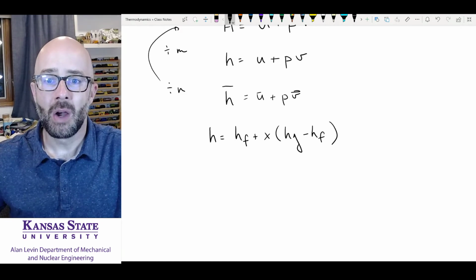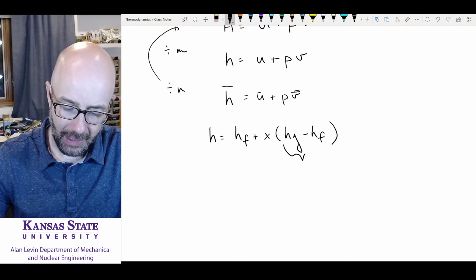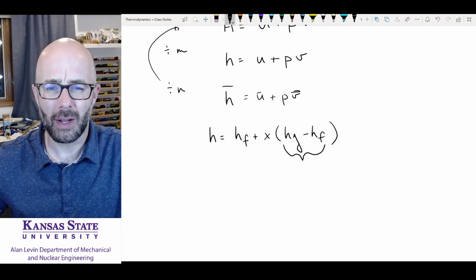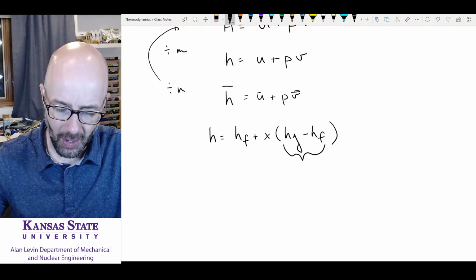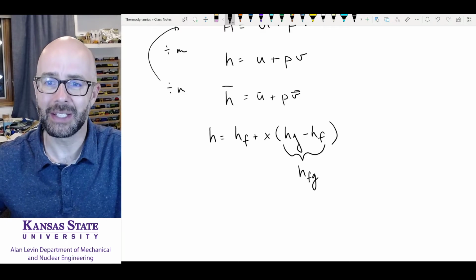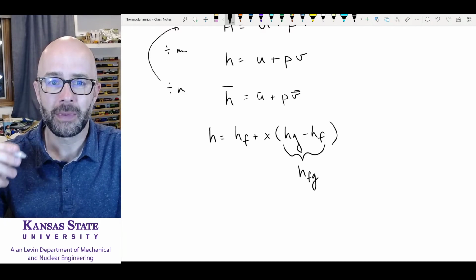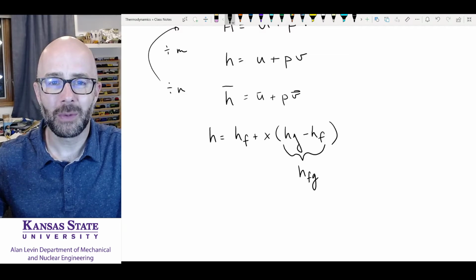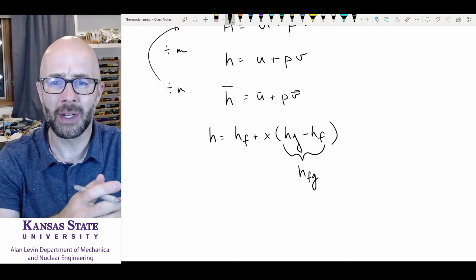But what we can do often in enthalpy, because we deal with it quite a lot, is this hg minus hf, we call it hfg. Now that doesn't make a lot of sense here. It's hg minus hf, and we call it hfg. It's kind of like 1 to 2. When we want to find the difference, the delta from 1 to 2, we take 2 minus 1.